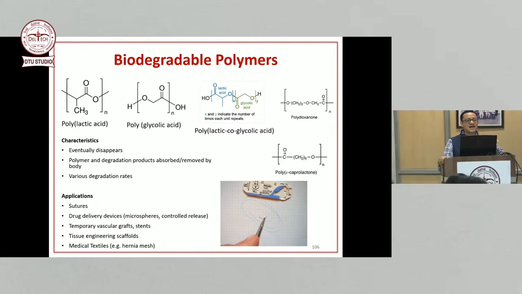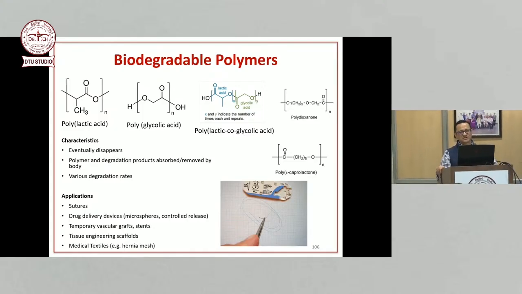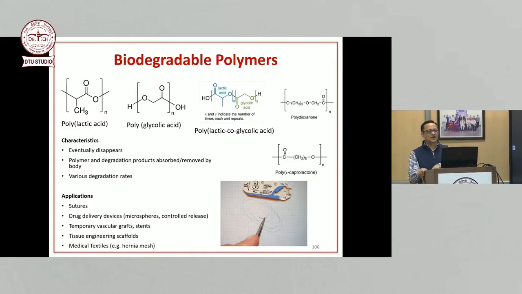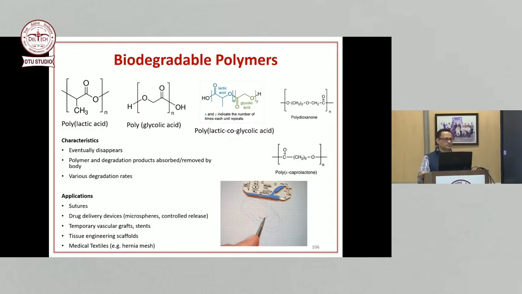Eventually it disappears and the byproducts are not toxic. Byproducts are glycolic acid or lactic acid and they can easily be excreted from the body. It's FDA approved also for drug delivery applications. Various degradation rates, sutures, drug delivery, vascular graft stents, tissue engineering, okay.